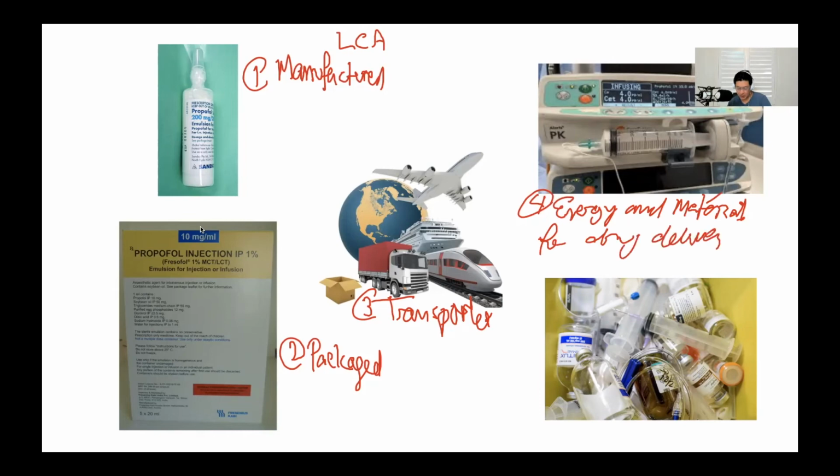So you need electricity, you need a TCI pump, you need a syringe, you need the minimum volume extension tubing, and you might need some needles, some blunt needles to draw up the propofol. And then finally, you've got to think about all this waste here. So these are non-recyclable. And then you also have to think about the cost of incineration.